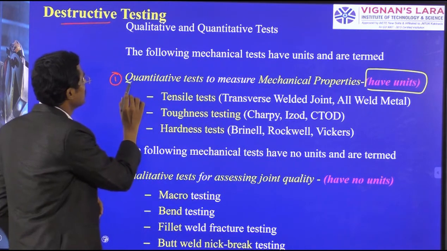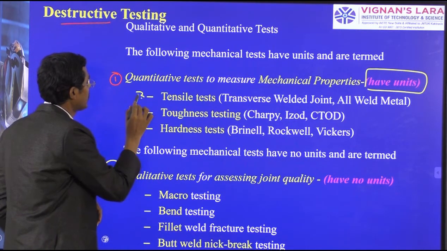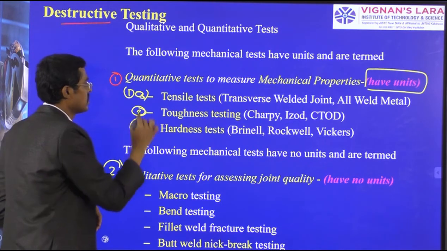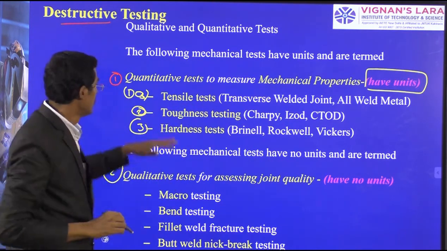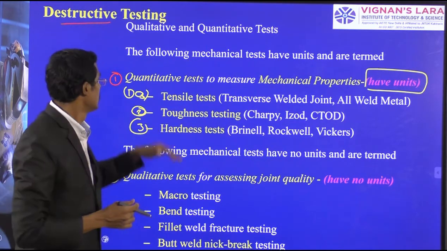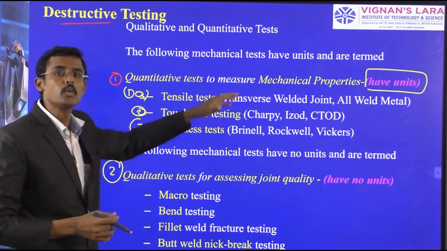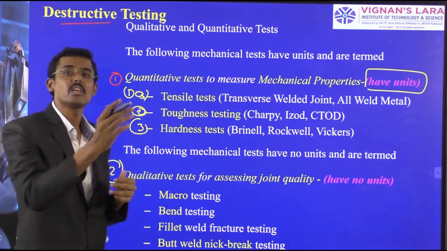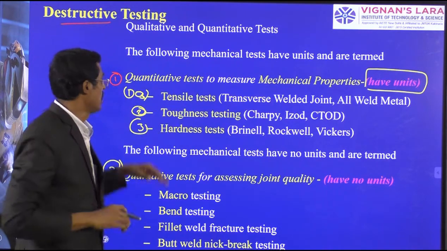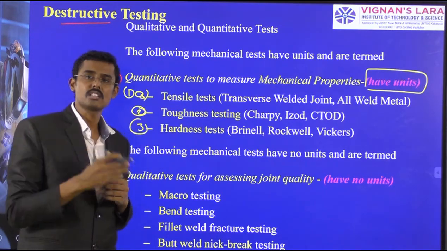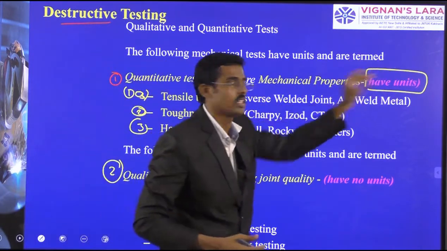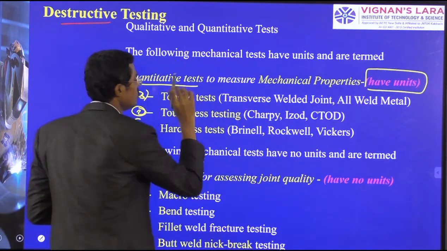I am dividing the quantitative test into three categories: tensile test, toughness testing, and hardness testing. The tensile test we measure in megapascals. The toughness test we measure in joules. And for the hardness test, we measure Vickers hardness, HV.